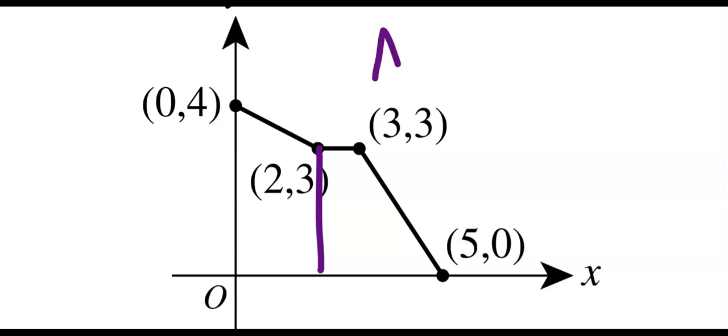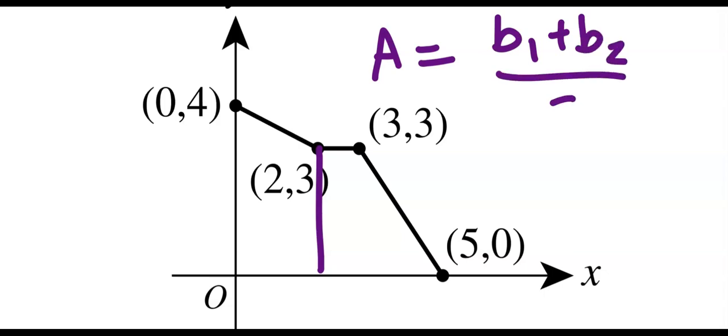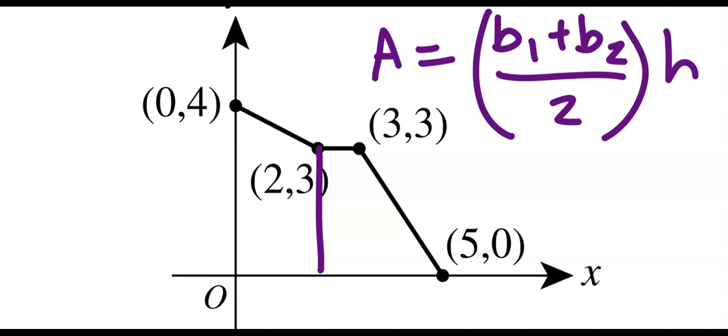So the area formula for a trapezoid is you average the bases and you multiply by the height. Average the bases and multiply by the height. So in this particular trapezoid, this red one that I'm drawing right here, I've got a base of 3 and a base of 4 and a height of 3.